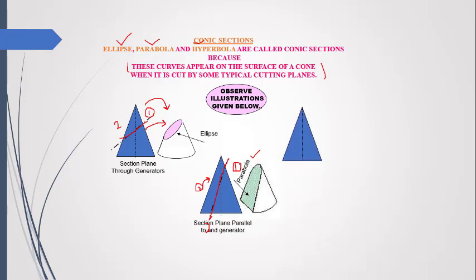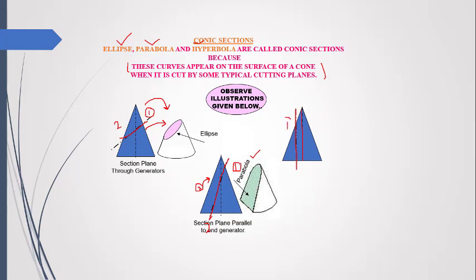On the other hand, let's see the hyperbola. In the hyperbolic shape, we will take a cone, and this cone is cut by a plane in such a manner that the cutting plane line will be parallel to the axis of the cone. So here you can see that the cutting plane line is parallel to the axis of the cone.